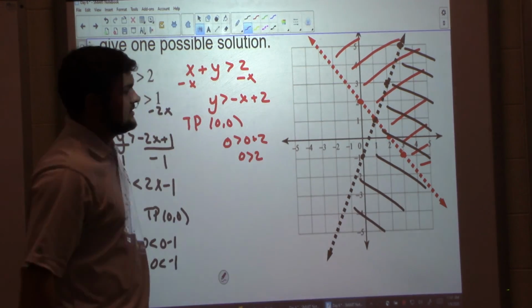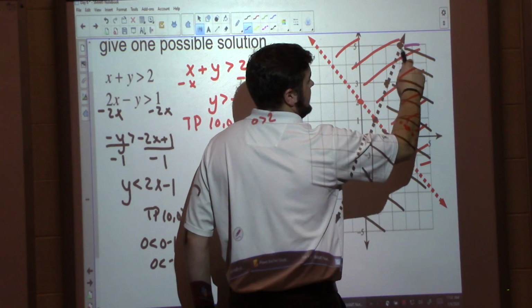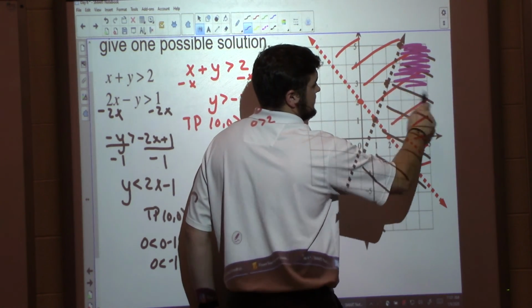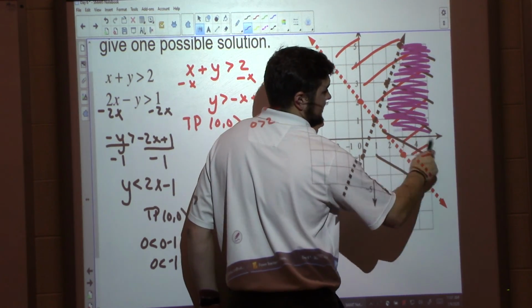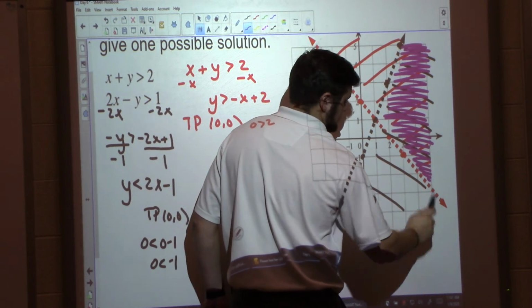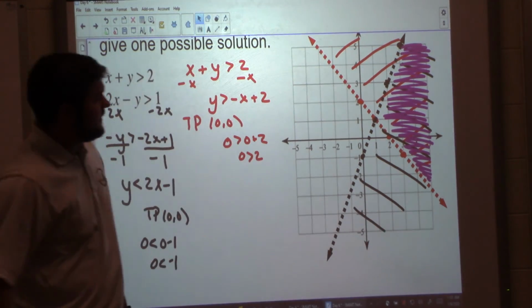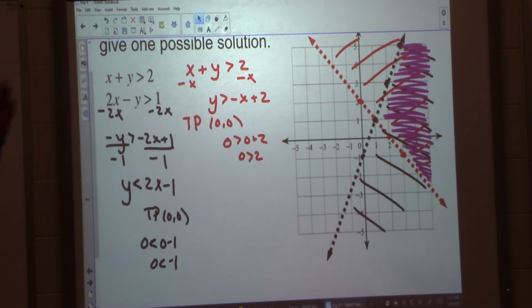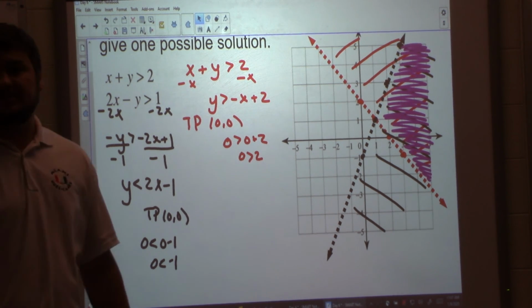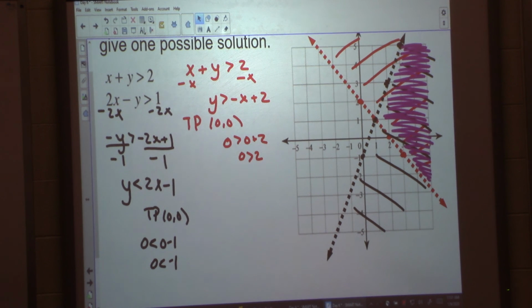In which case, this whole chunk over here is my solution, because they both shade in there. Then I'm going to look and see that 4, 0 is my solution. Anything in the double shaded region will work. All right, any questions on that? Speak now, forever hold your peace. Sweet, homework time.